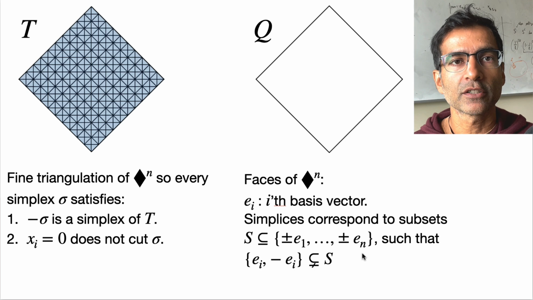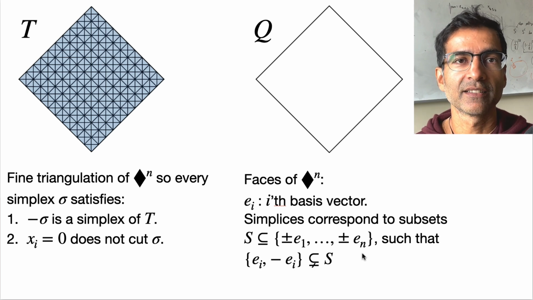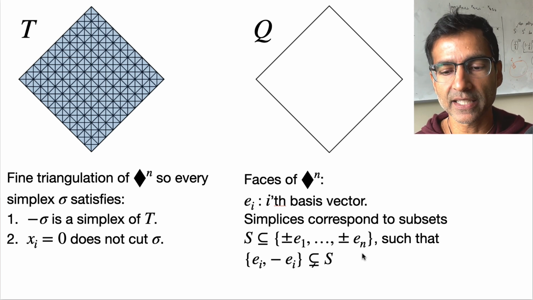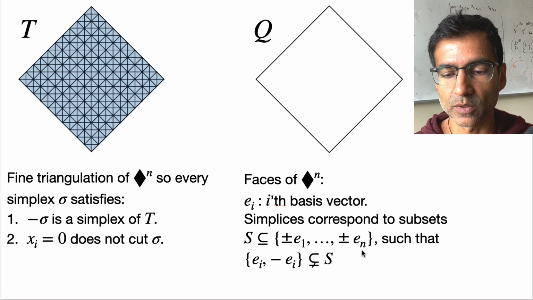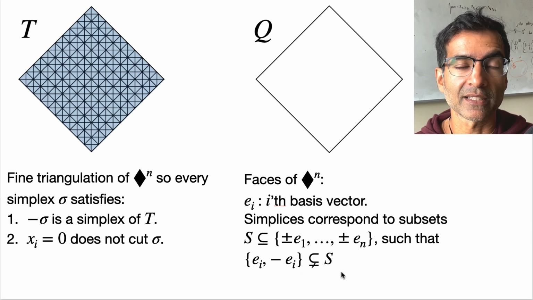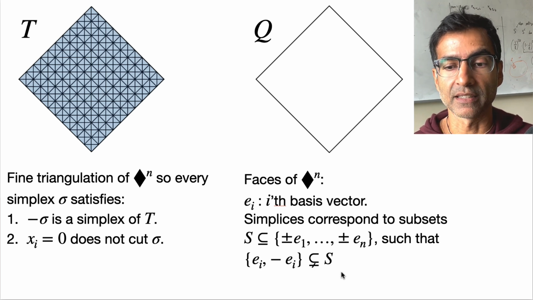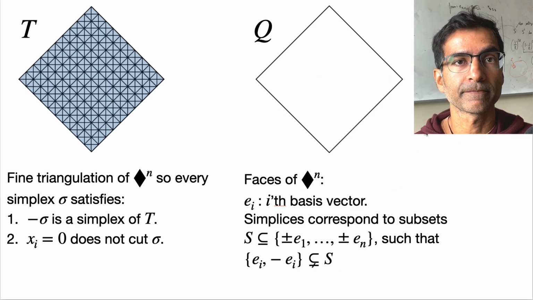But in general, a simplex in this complex corresponds to a subset of these vectors with the feature that only one of Ei and minus Ei can belong to the set. So if you have any subset S of these vectors with the feature that both of these do not simultaneously belong to S, then such a set S corresponds to a simplex in this simplicial complex.